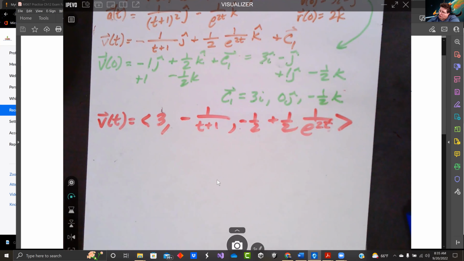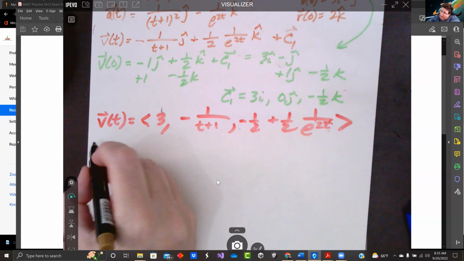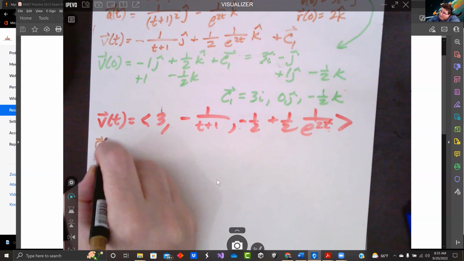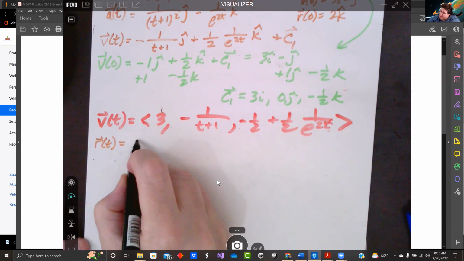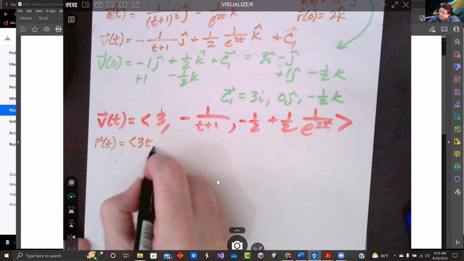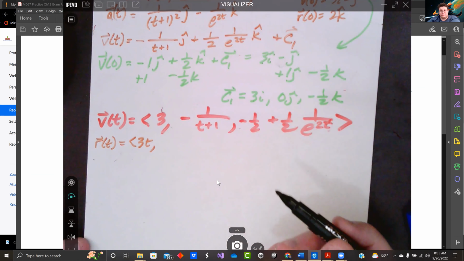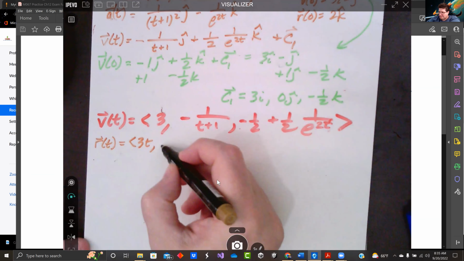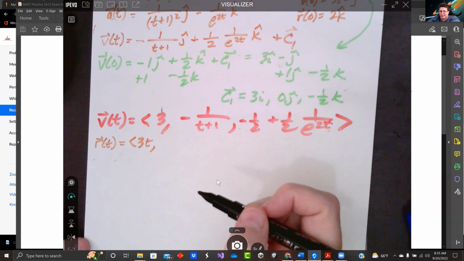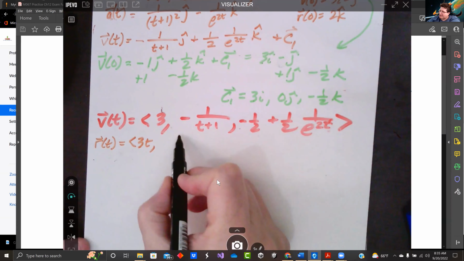Now we need to find r, and so we can integrate that bad boy. What do we get? We get a 3t. What do I get for this? What's the j component?